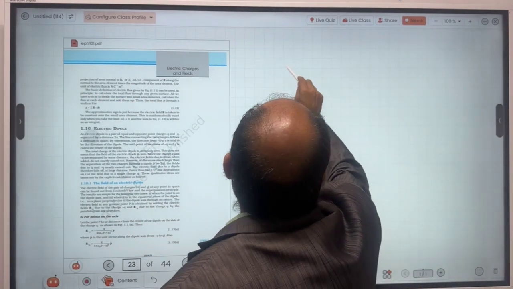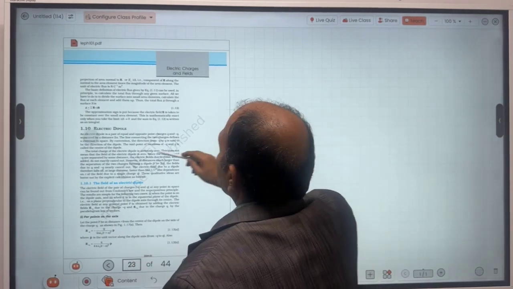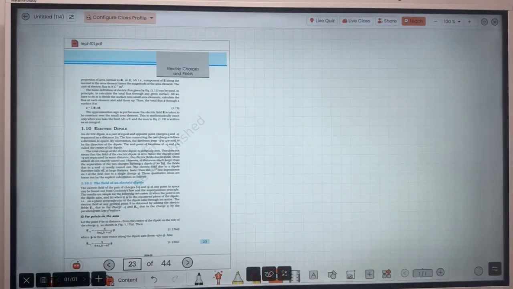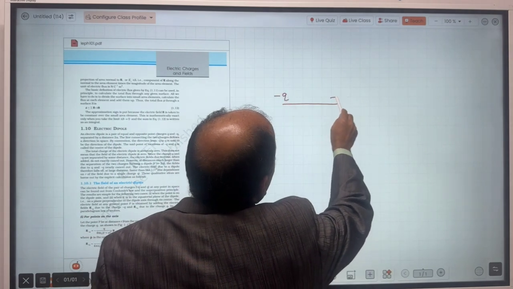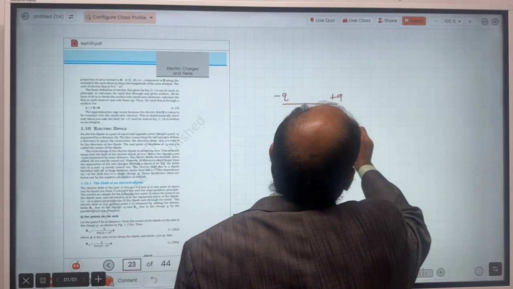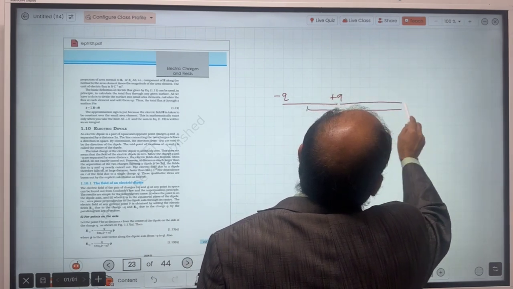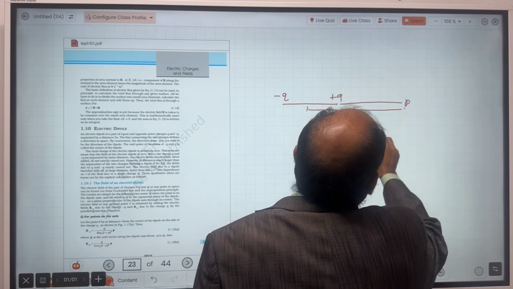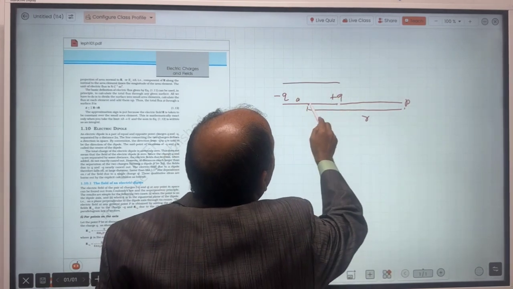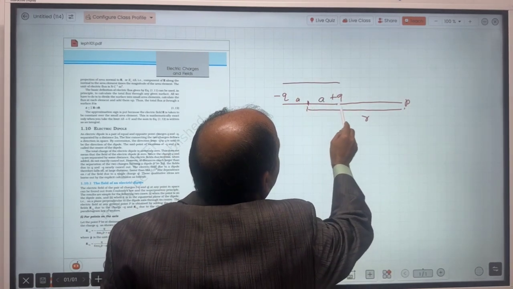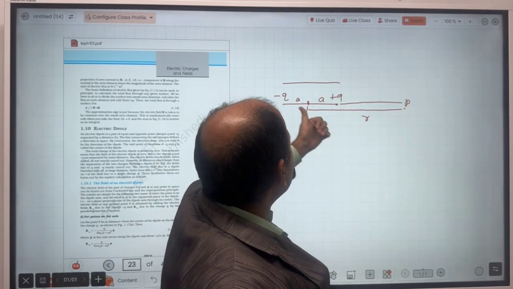So let's consider an axial point. Suppose this is the electric dipole, say this is minus Q, this is plus Q, and there is a point P from the center at distance R along the same line, and this length is A. The dipole length is 2A, so till the midpoint it is A. Now we have to find the electric field at point P due to these two charges.